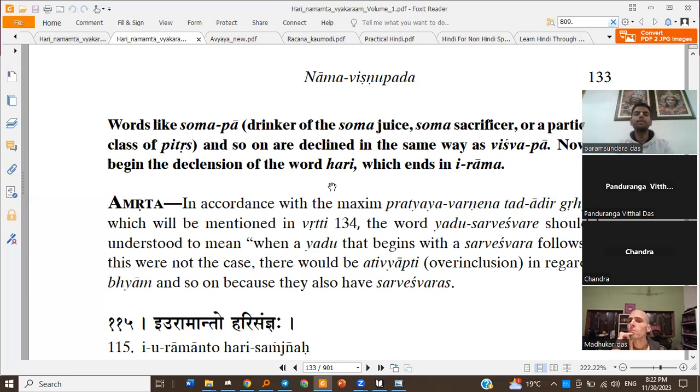On a surface level, yes, but if someone has studied grammar, like Vishwapa and all such words, and one knows the etymology, how they are formed, the vyutpatti, then one knows, okay, this is formed in such a way, so it's masculine, this is feminine. So we need to know the gender, by dictionaries.